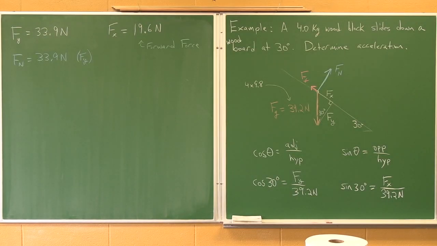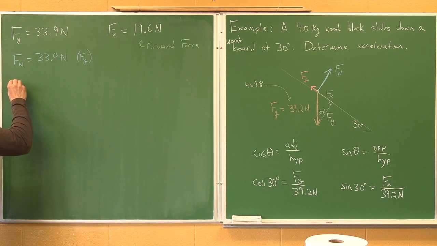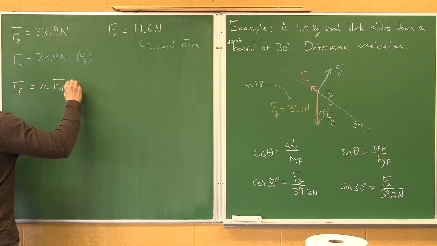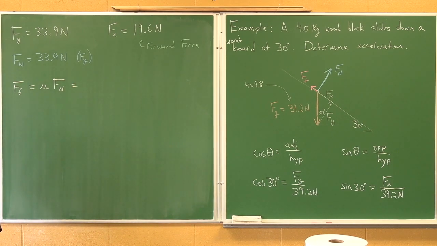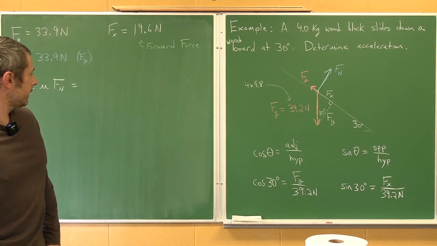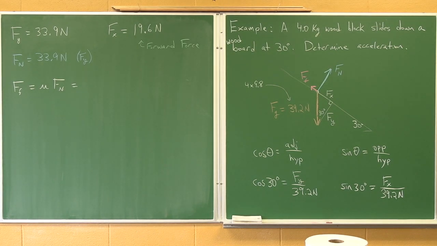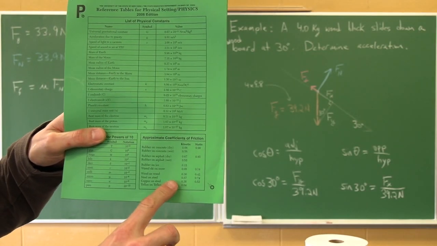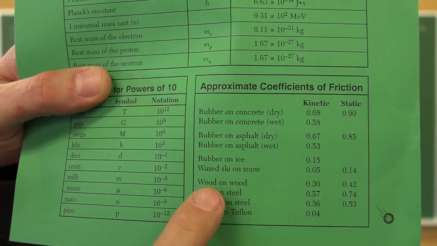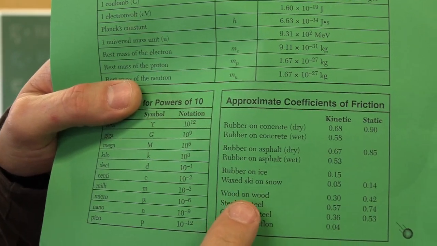So now, the coefficient of wood on wood when they're sliding, what I need to do is go to the front cover of the reference table right here, and on the lower right, we can see that we have wood on wood.